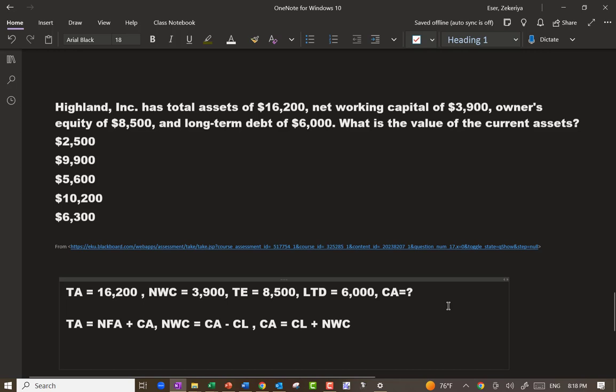So how can I figure out current liabilities? Well, total liabilities is equal to long-term debt plus current liabilities, right? So if I can figure out total liabilities, I already know long-term debt.